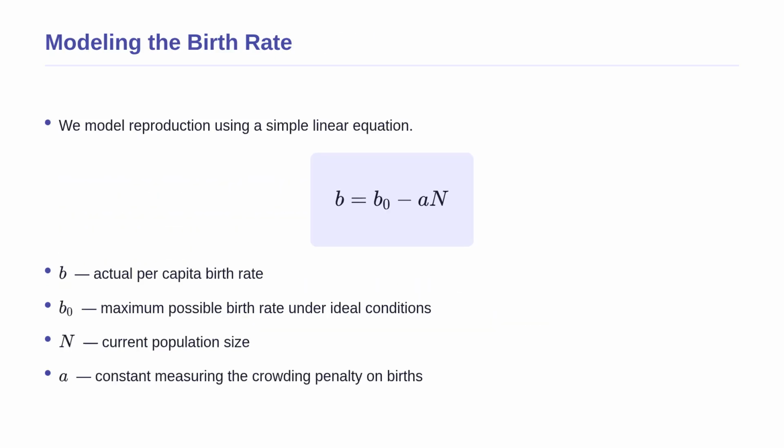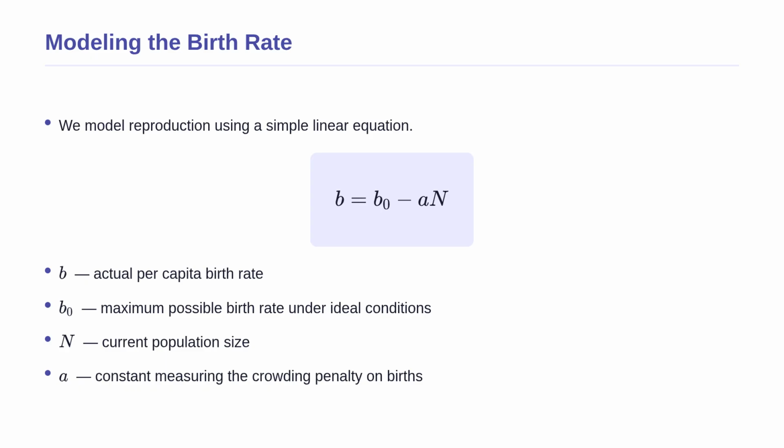To see how this works mathematically, we must look at how birth rates change as the population grows. This brings us to our first formula, which models reproduction. The symbol B represents the actual per capita birth rate at any given moment. The symbol B0 is the maximum possible birth rate, which only happens when the population is tiny and resources are unlimited.